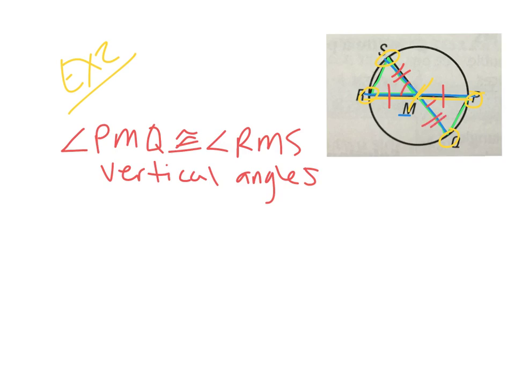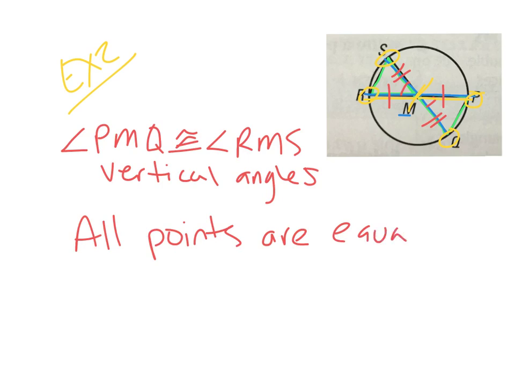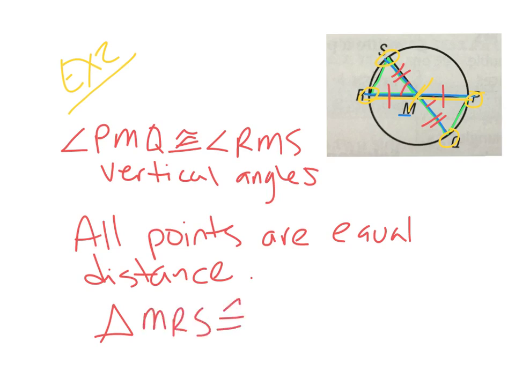So at the end of the day, because all points are equal distance, then we know that triangle MRS is congruent to triangle MPQ because of side angle side.